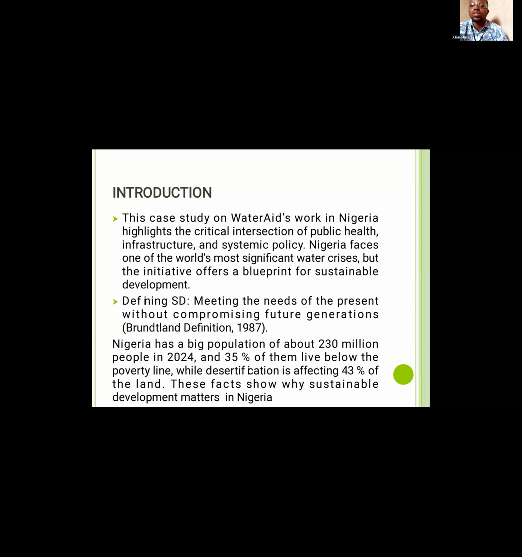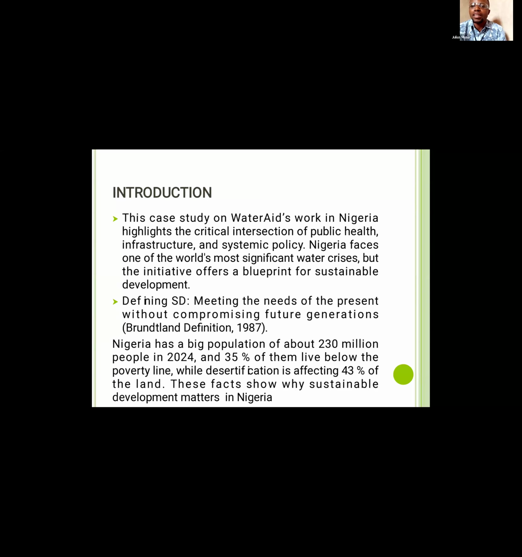Delving into this, we are going to look at the case study on water aid work in Nigeria, highlighting three basic things: the impact of this water aid initiative on public health, the impact on infrastructure, and then the systematic policy set aside to bring forth every measure of protection and enforcement.